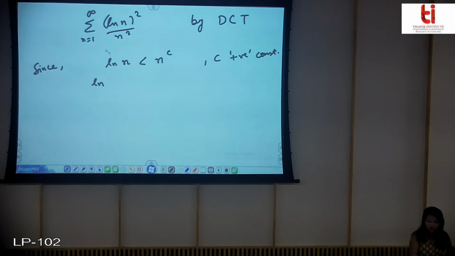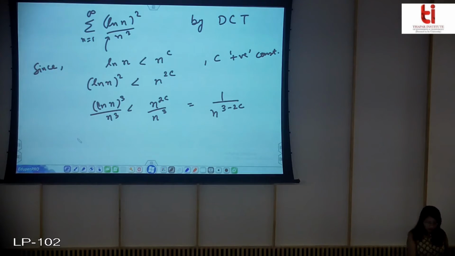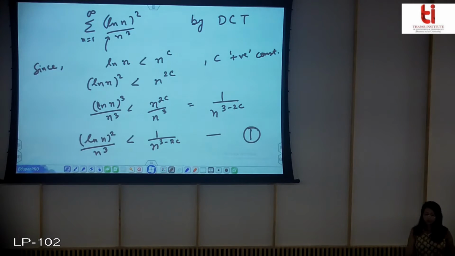Now I want to make this series, so I'll square it out. This square will be lesser than this, and if I divide it by n cube on both sides, the inequality will still hold true, so I can say that it is less than this.